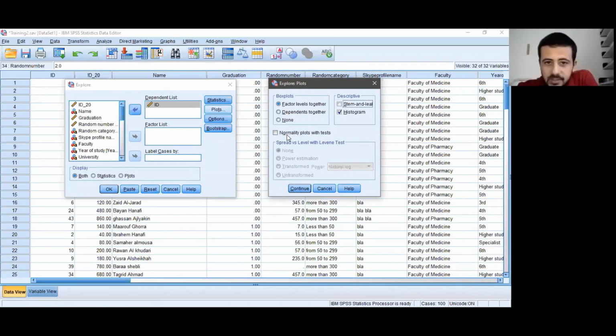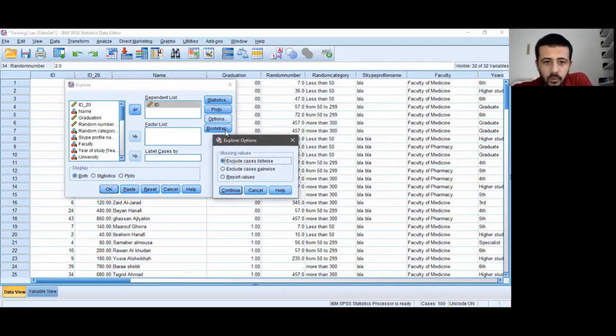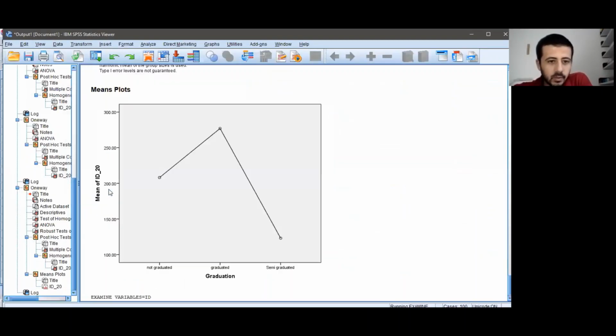Here, you can see something that is exactly what we want: normality plots with tests. Is there anything more amazing than this? I don't think so. We checked it. We continue. Is there anything other than this? We don't need this. Let's press OK.